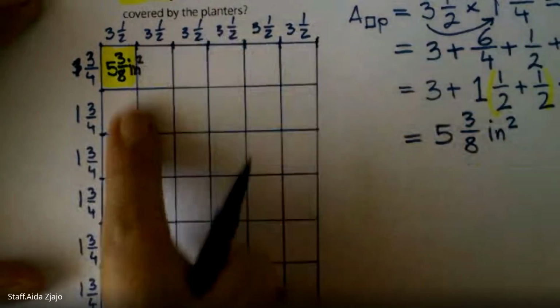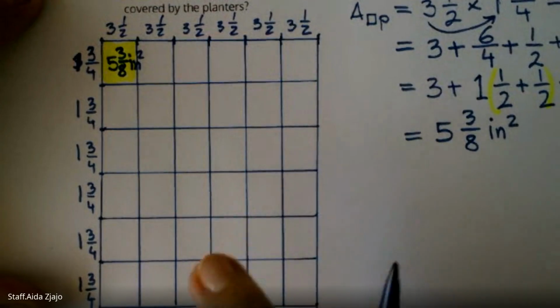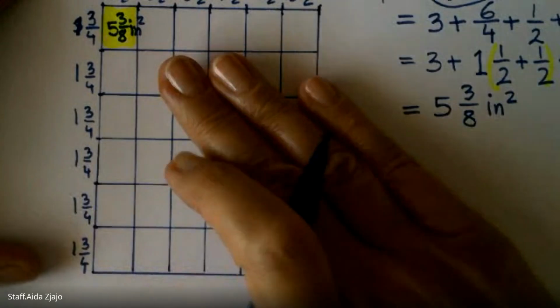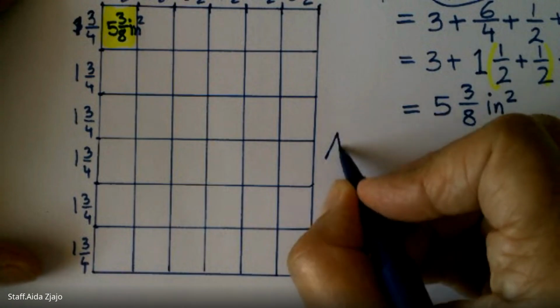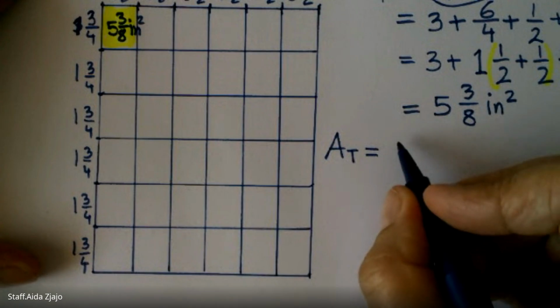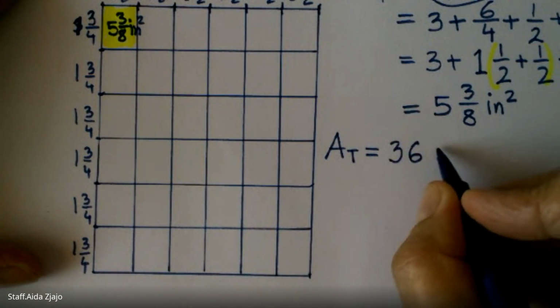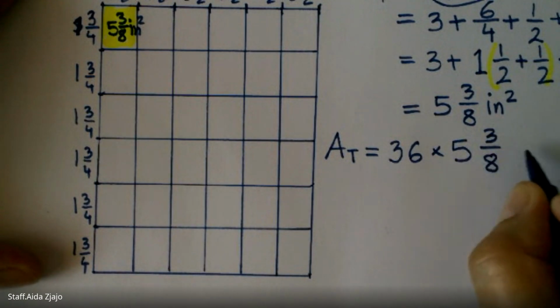But we have 36 of them. So the area covered by planters, the total area, T equals 36 times 5 and 3/8.